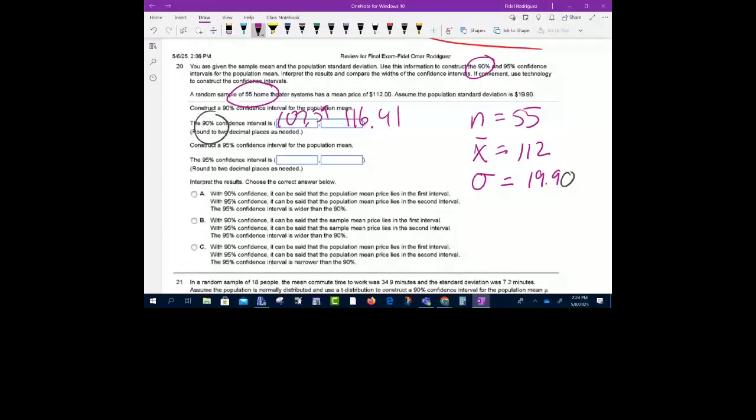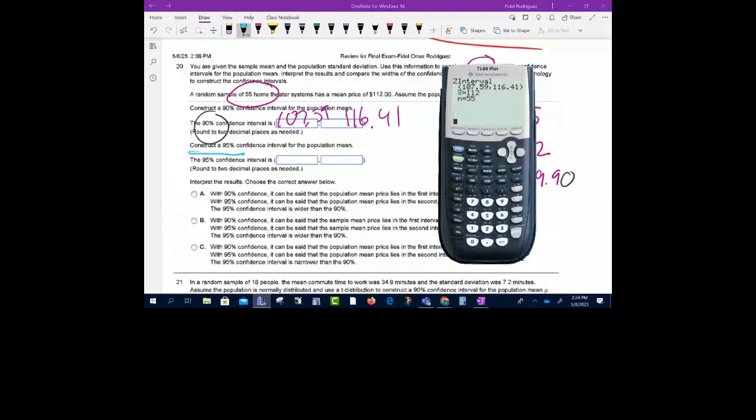Okay, so now look, when we go to part B, which says, can we do the same thing, but make this a 95% confidence interval? Absolutely. Look, we're going to come back here. We're going to go to test. We're going to go to number 7.